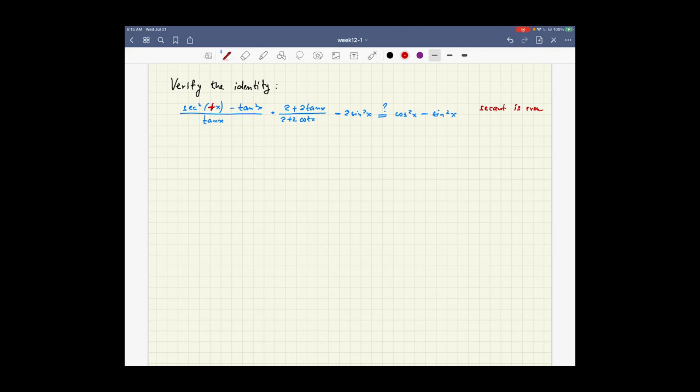Now the next step is to write all these functions, secant, tangent, tangent, tangent, and cotangent, as ratios. So secant squared is 1 over cosine squared, tangent squared is sine squared over cosine squared, tangent is sine over cosine.